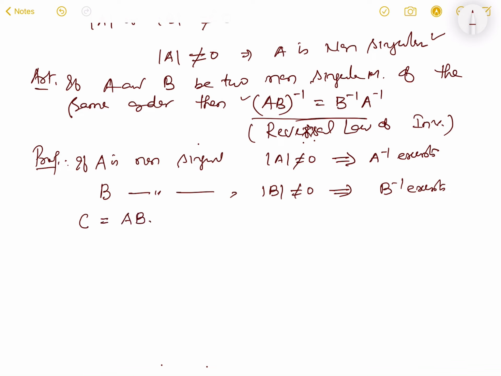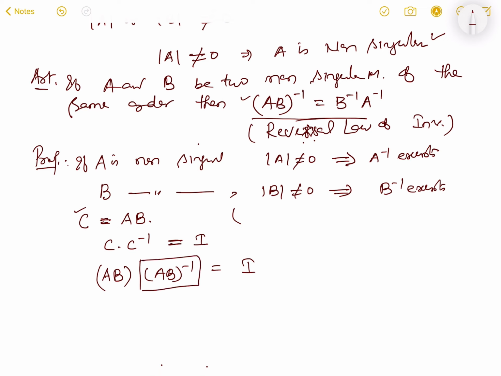इन दोनों का मल्टीप्लिकेशन पॉसिबल है और ये मल्टीप्लिकेशन सपोज C के बराबर है, तो C into C inverse is equal to I. C के बारे में देखें, A और B be the same order of square matrix, so C is again a square matrix of the same order, so we can say that C into C inverse equal to I. Put the value C is equal to AB, AB का inverse is equal to I. Here our target is to find AB inverse, and how can it be done?